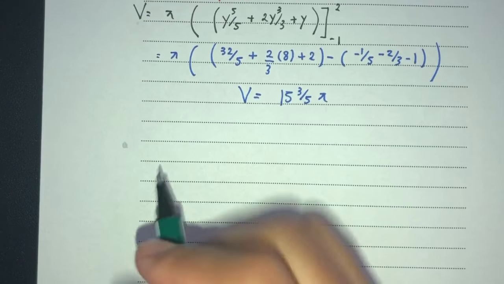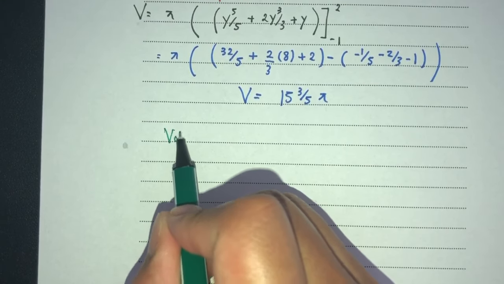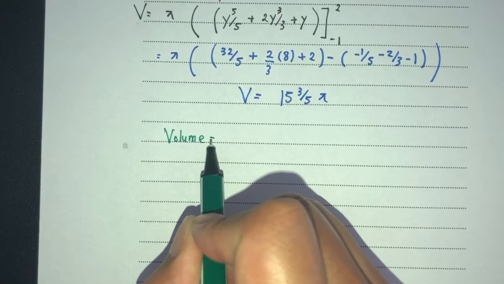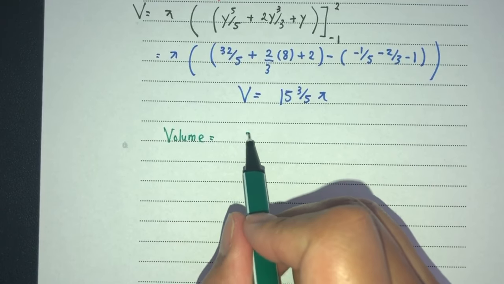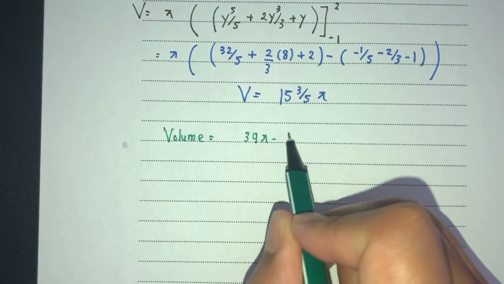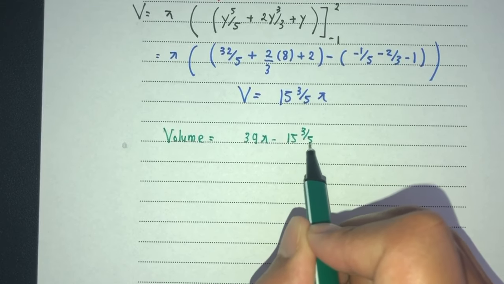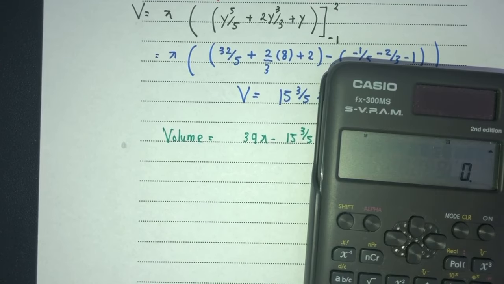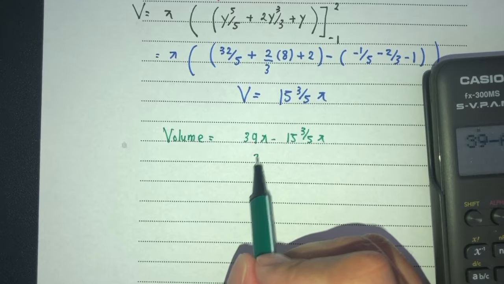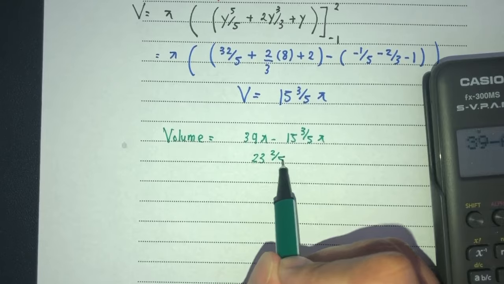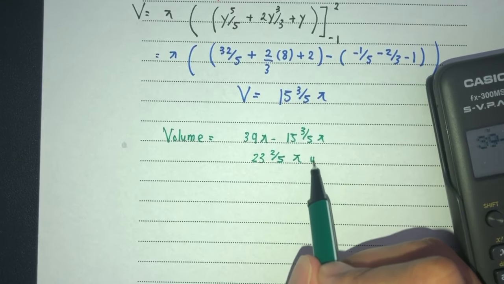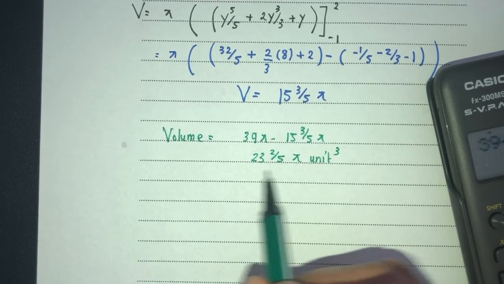So finally, to find the actual volume, your answer should be number 1 minus number 2, so 39 pi minus 15 and 3 over 5 pi. So the answer is this, 39 minus this should be 23 and 2 over 5 pi units cubed for the volume.